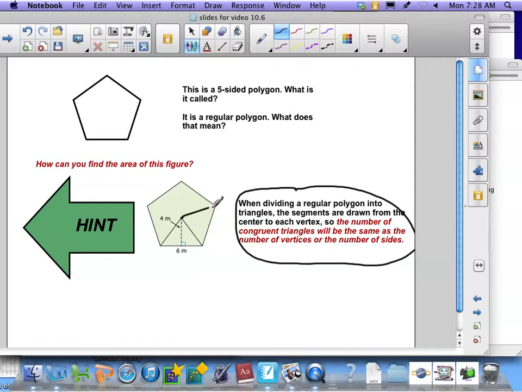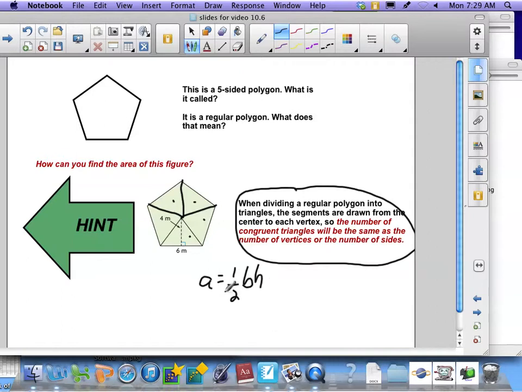Now we're going to draw out to that vertex where those two line segments come together. So you can see we have 1, 2, 3, 4, 5 triangles. Okay. And we know the area of a triangle, the formula is area equals 1/2 base times height.